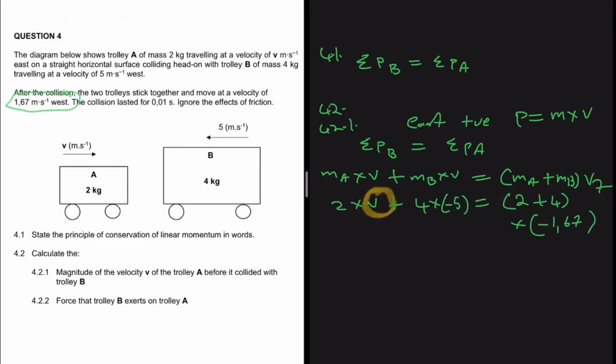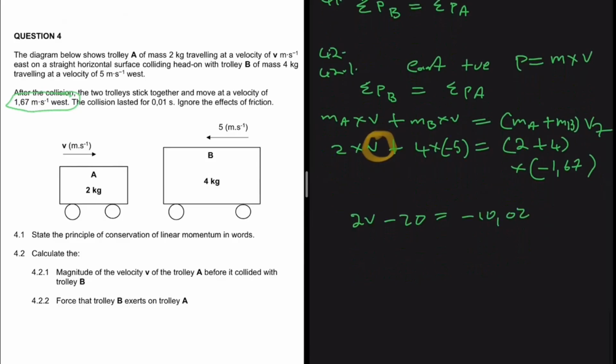We're looking for V. So 2 multiplied by V, that will be 2V, and then 4 multiplied by minus 5, that will be minus 20, and that will be equal to essentially 6 multiplied by minus 1.67, which is equal to minus 10.02. So now 2V will be equal to minus 10.02 plus 20, right?